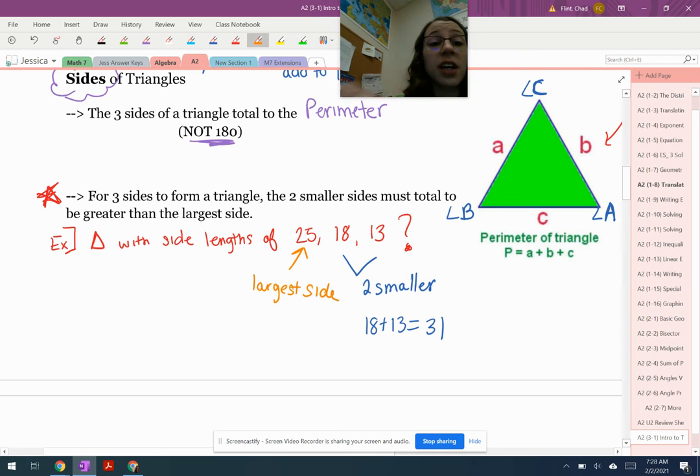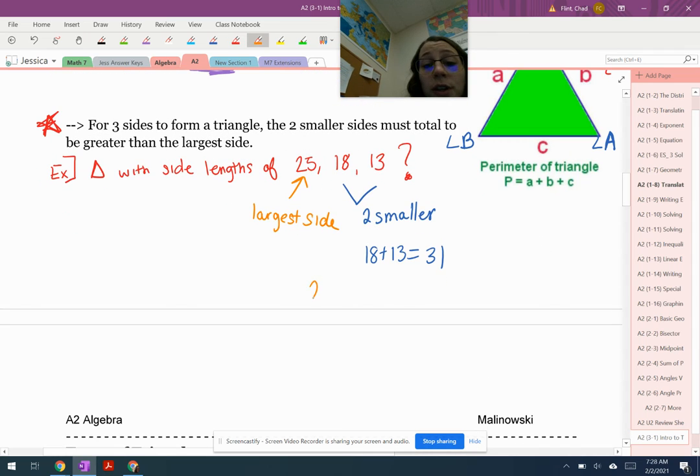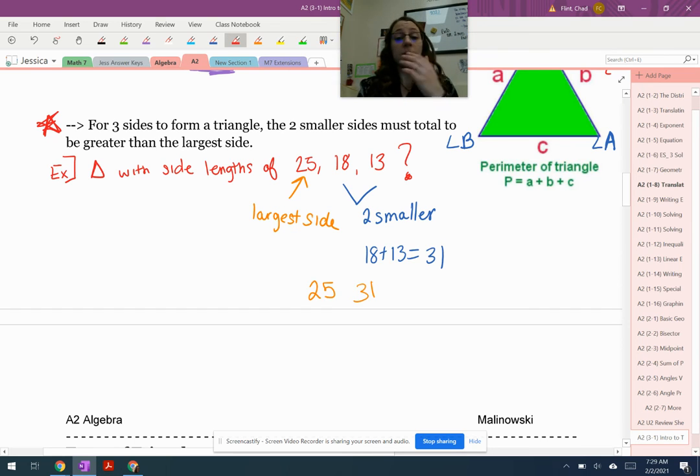And let's look at this here. It is very, very clear that 25 is less than 31. Or if you want to write it in the inequality form, 25 is less than 31.